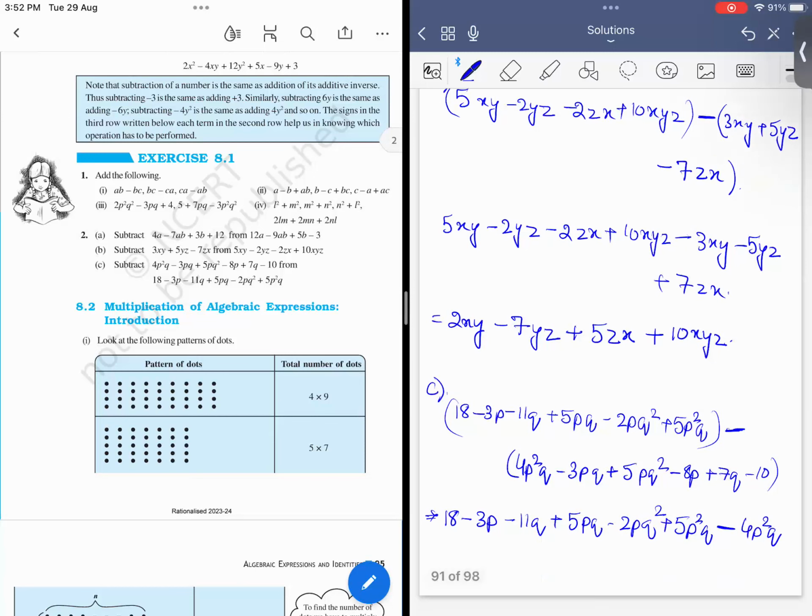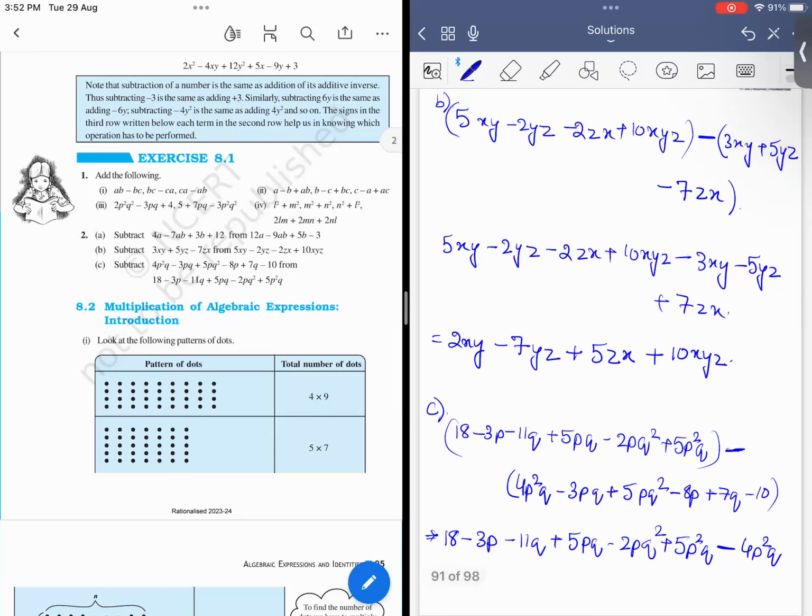Then plus 3pq minus 5pq square plus 8p minus 7q plus 10.